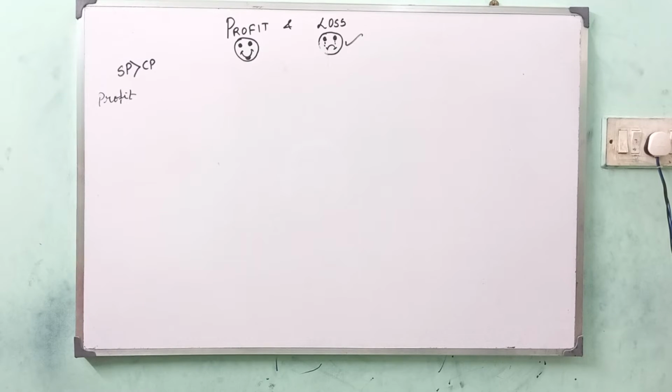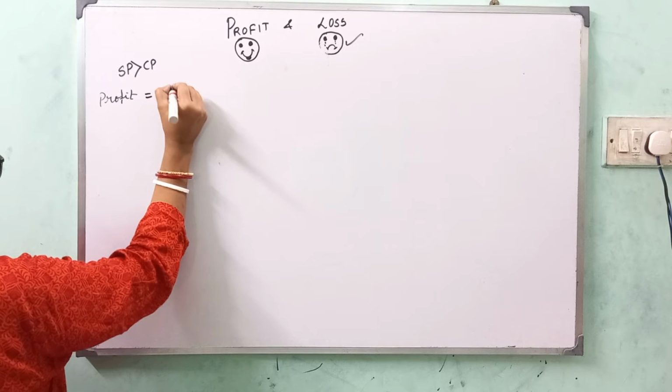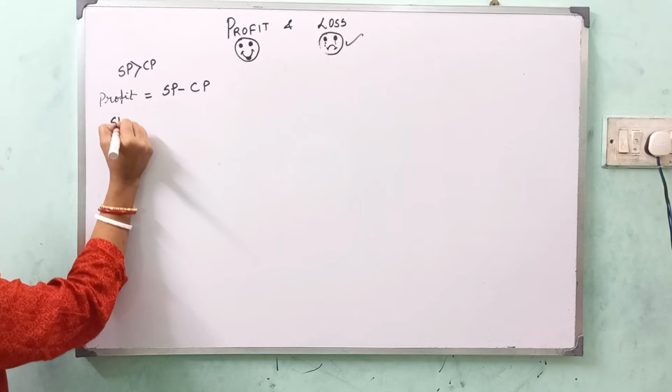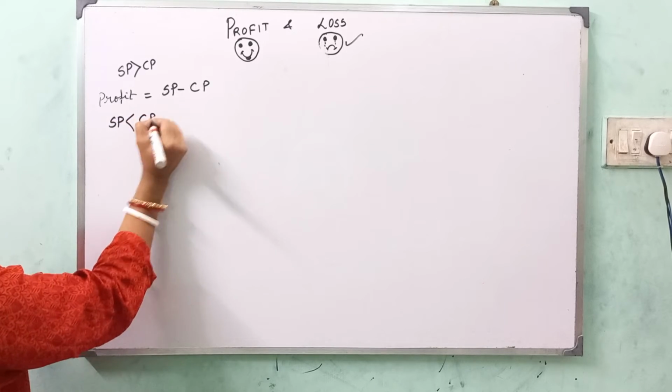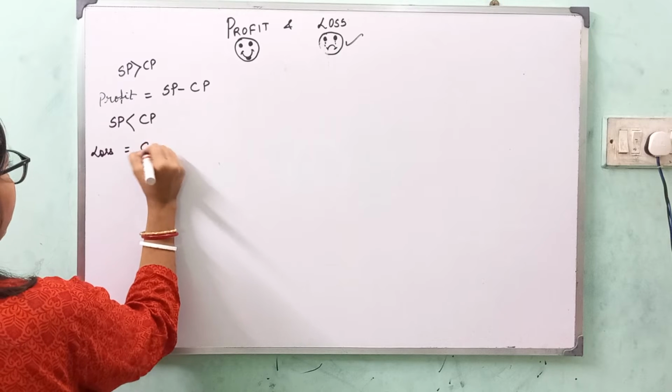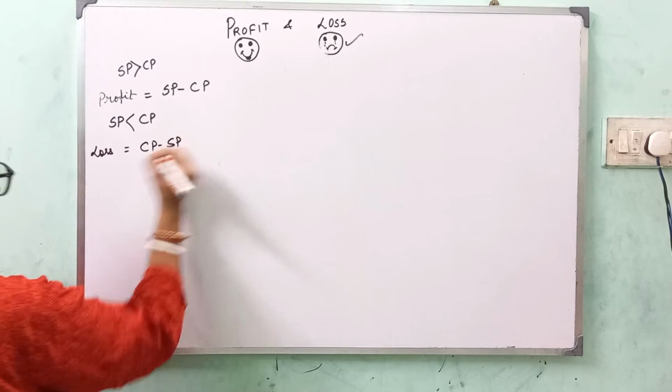If selling price is more than the cost price, then you have a profit, and that is equal to SP minus CP. When your SP is lesser than your CP, there is a loss. And how do you calculate that? Loss is equal to CP minus SP.